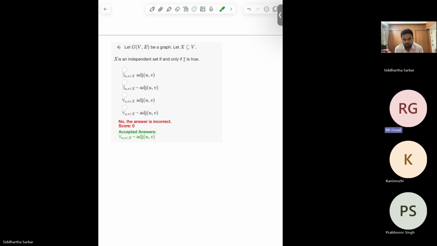However, regarding the fourth one, it says that for all U's and V's, which are elements of X, the subset of the vertices, there does not exist connectivity between U and V. This seems to be true.